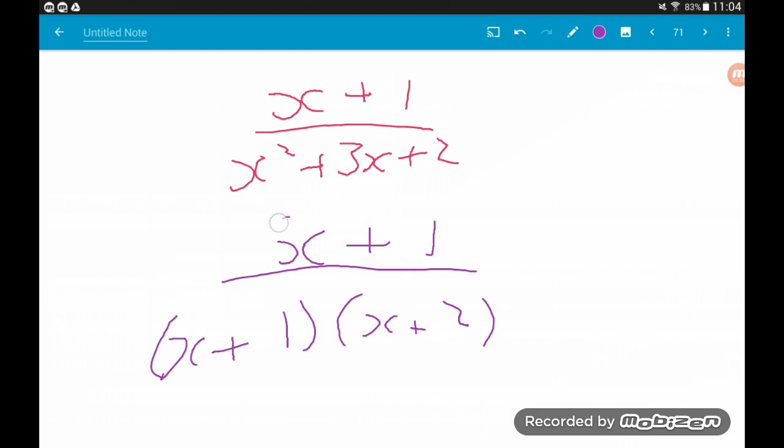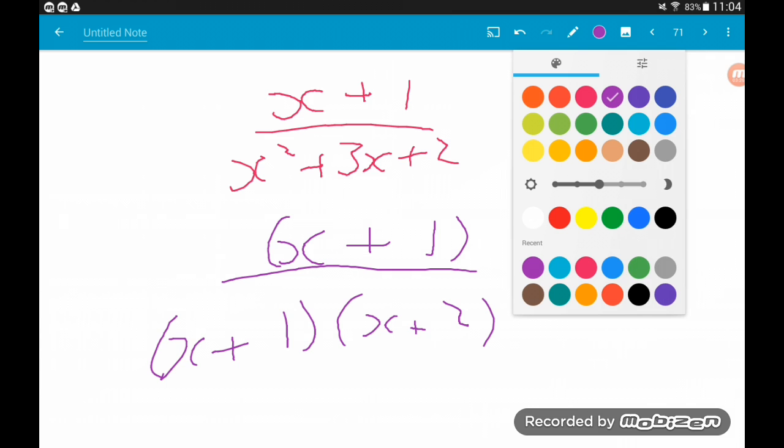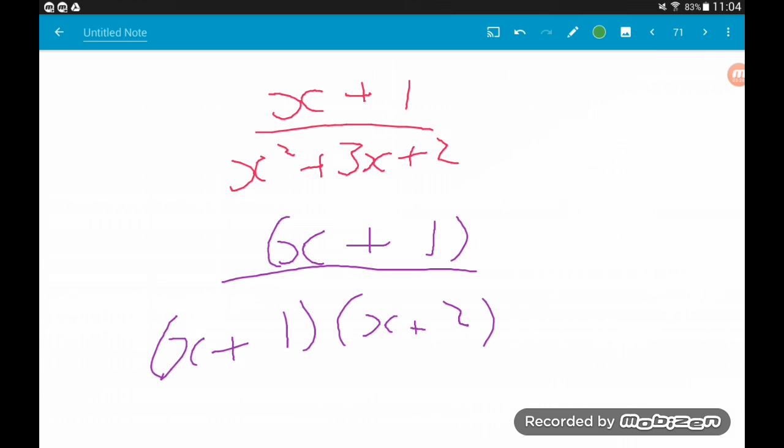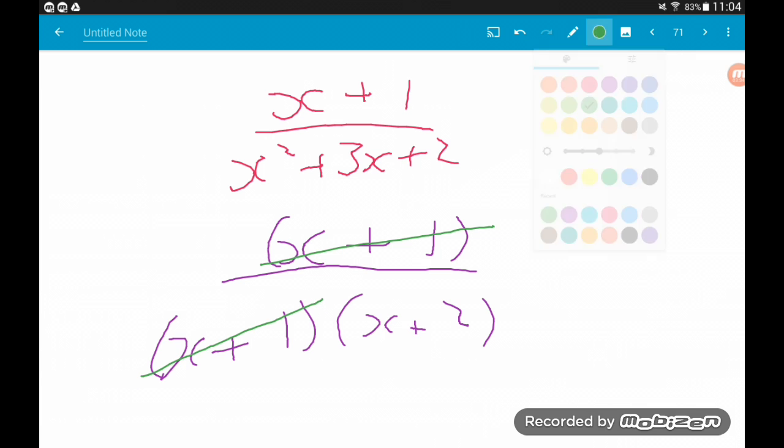Now you can think of the top as being in brackets if you like. So we can now see we do have a common factor of x + 1 on the top and on the bottom. When we divide that away, we don't get a 0 on top.